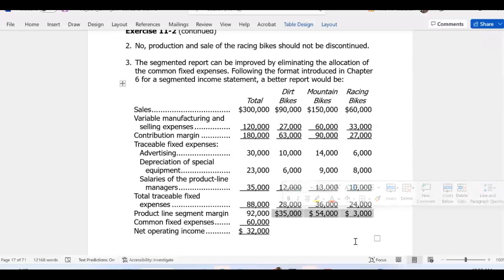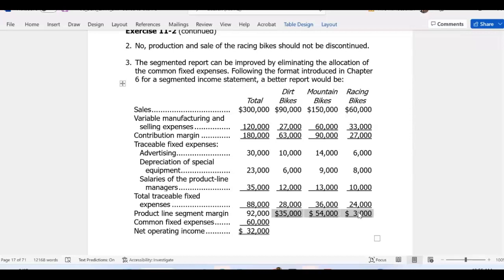And then you have product line segment margin. As you see, the product line segment margin for every single product is still positive, right? And that positive product line segment margin will definitely help you to pay the common fixed expenses. So remember, common fixed expense will happen no matter what.